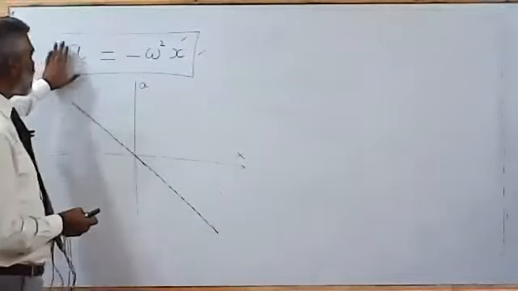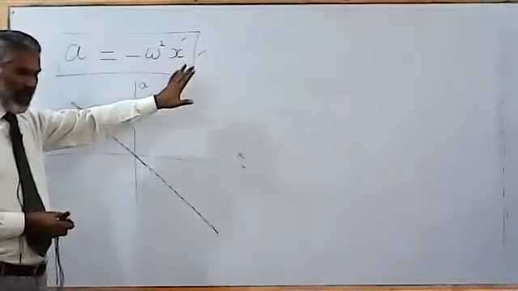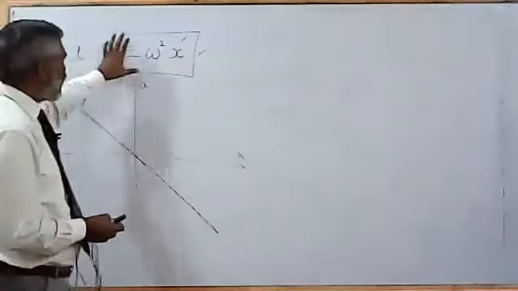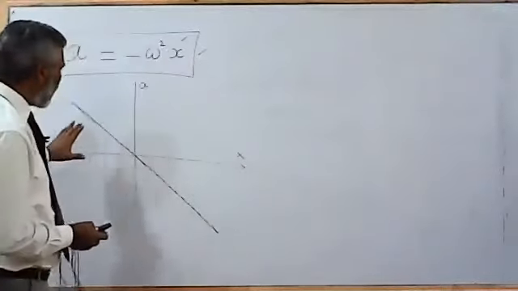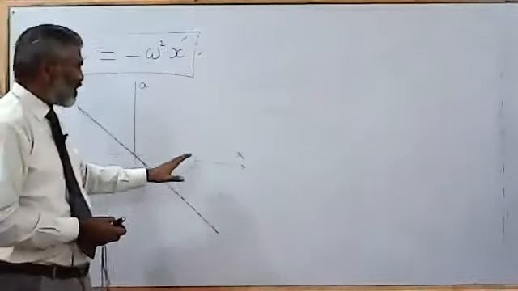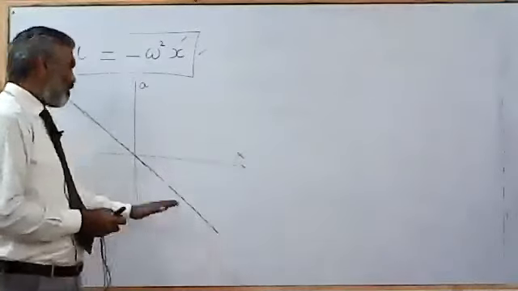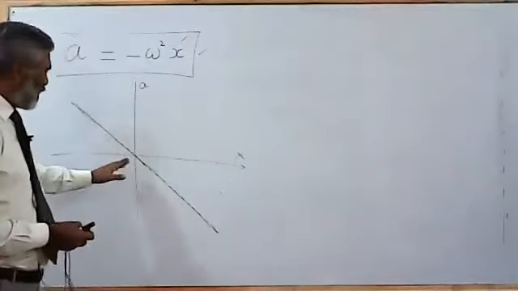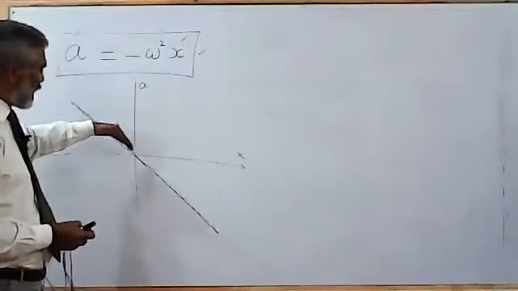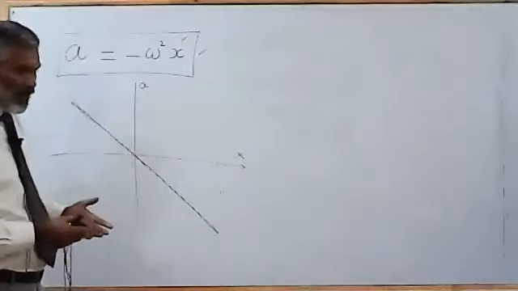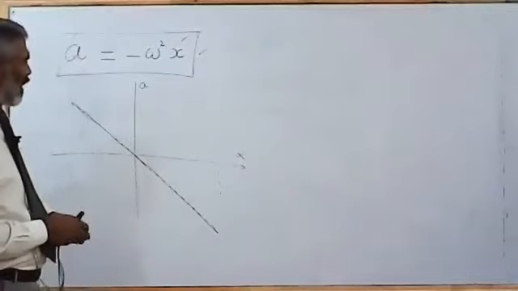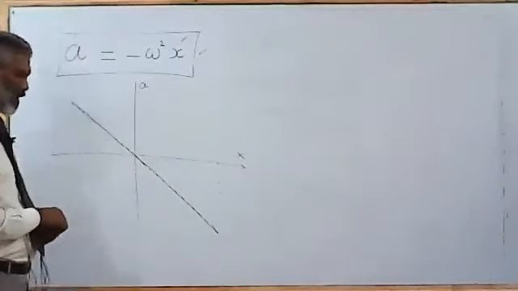Suppose this is not exactly what we know about the system. All we know is that when we plot a graph between various values of x and we get a straight line passing through the origin with a negative gradient, that means the system is undergoing a simple harmonic oscillation.